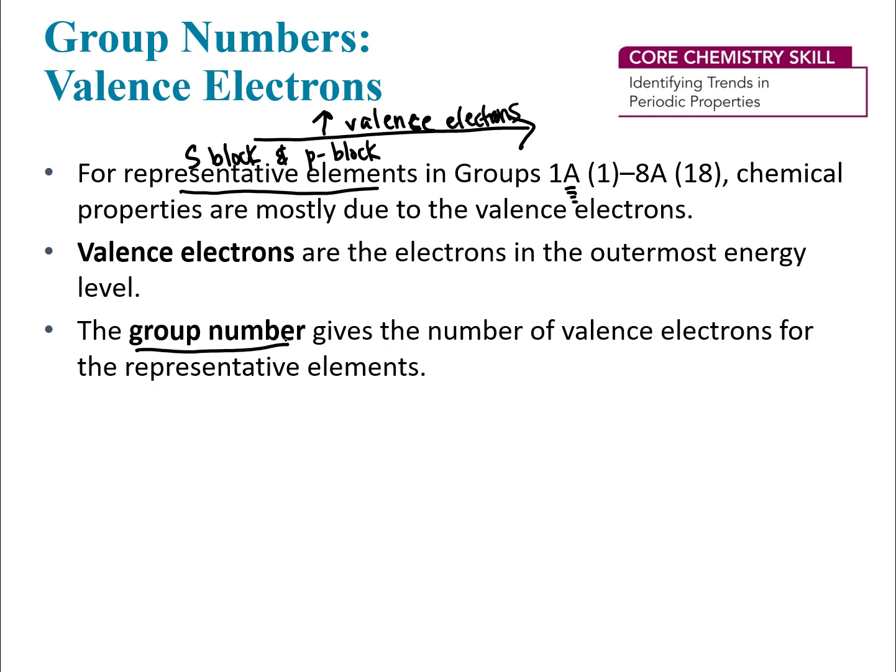And again, you're going to want to look at the number that has the A after it, because we're only talking about the representative elements. So that group number gives the number of valence electrons for that particular group. So if you're looking at group 5A, then there are 5 valence electrons. That's simple.